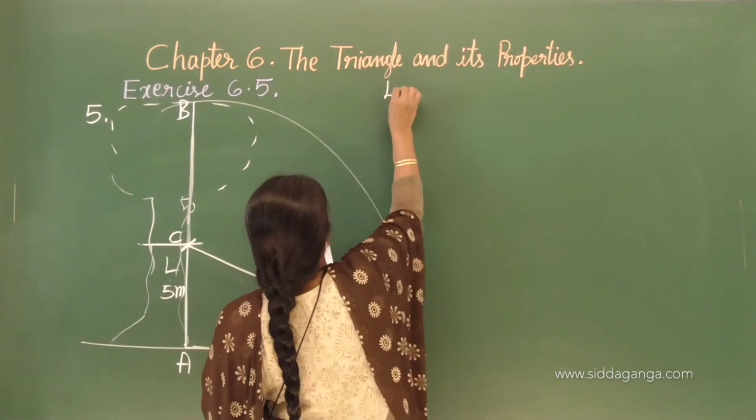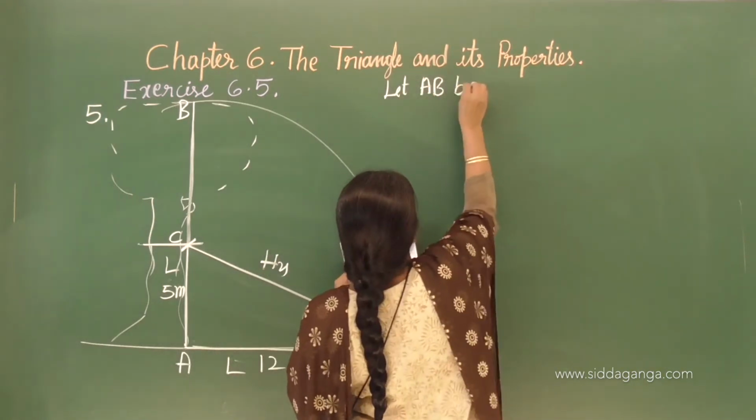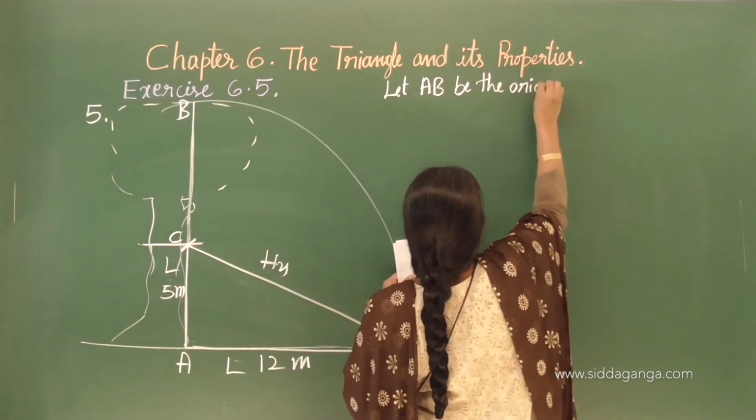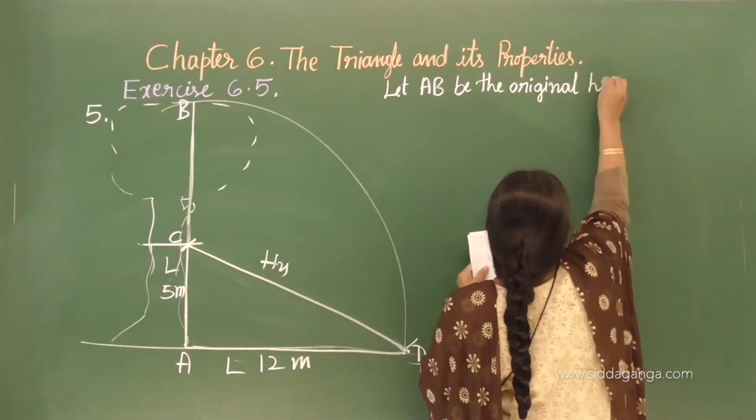I write: let AB be the original height of the tree.